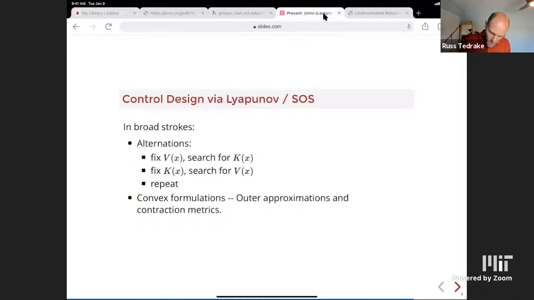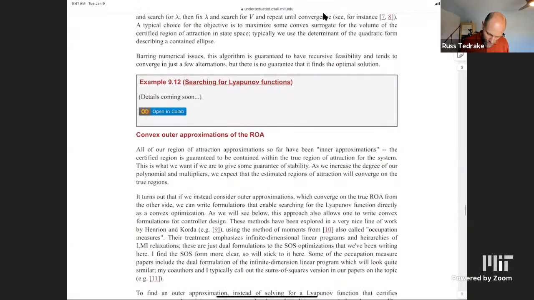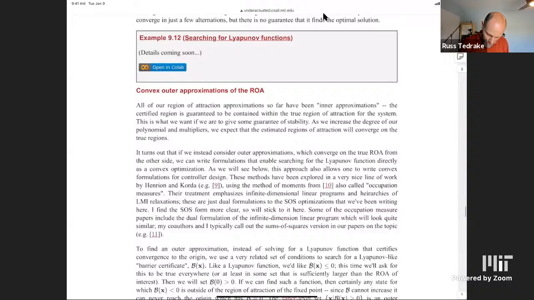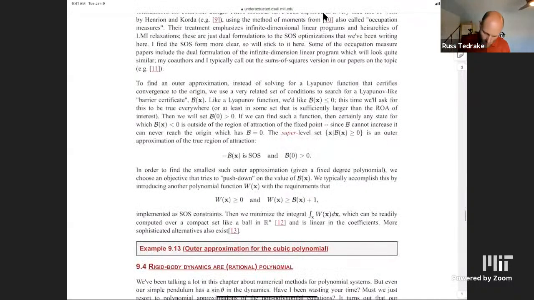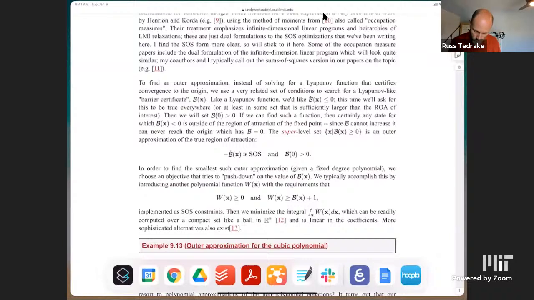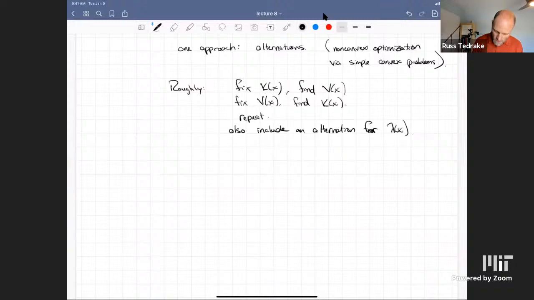So I can either do it with the whiteboard, or let me see if it's easier to pull this up. I'll do it on the whiteboard. I like that better. So for instance, let me do it in pictures first.